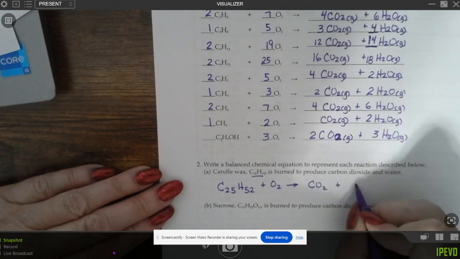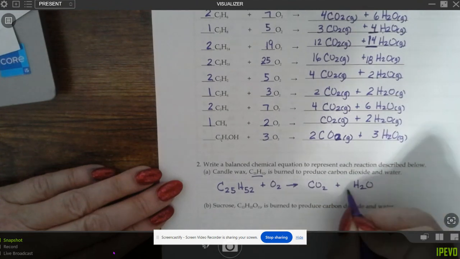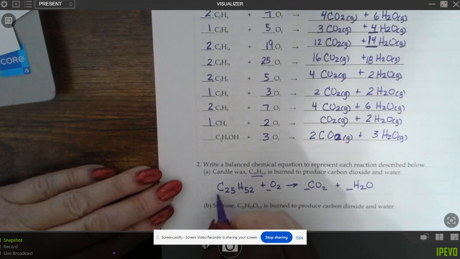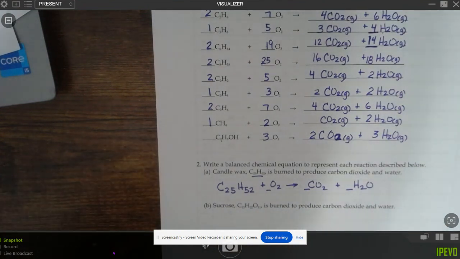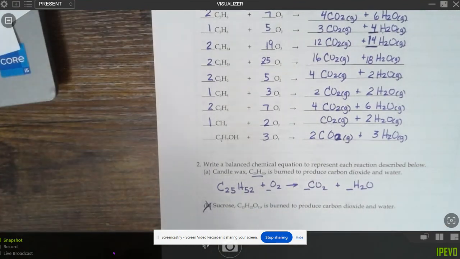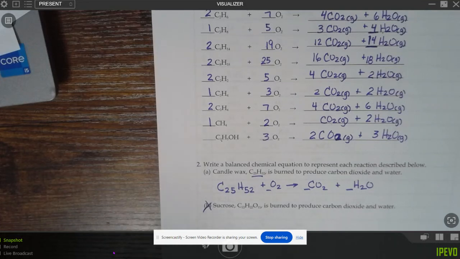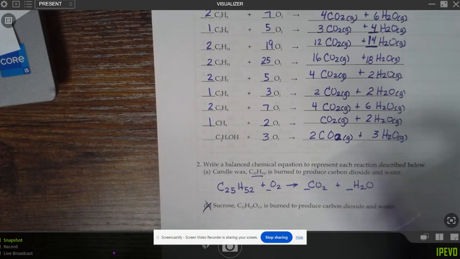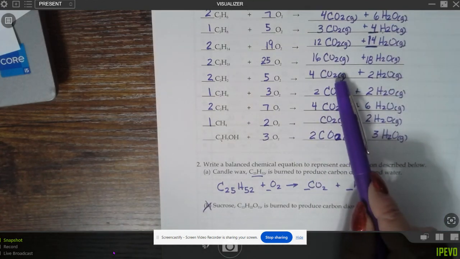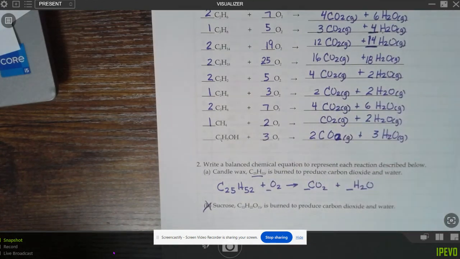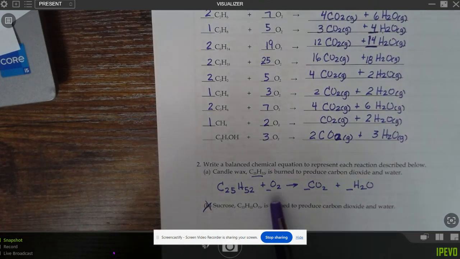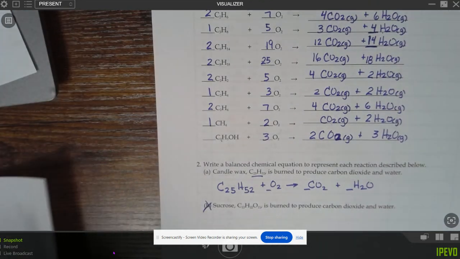And if you want to balance it and you can do it, I would love to see it. All right. And we're just going to skip this one just because I'm not going to give you any word equations to write. You'll just see combustion in the predicting products and balancing. Okay. But if you can do that, I probably have candy for you.